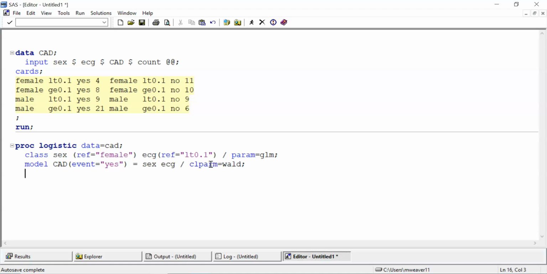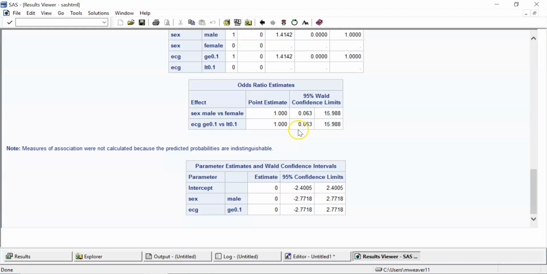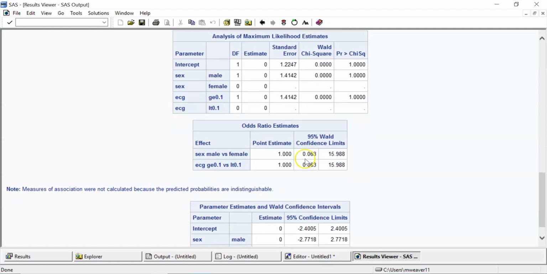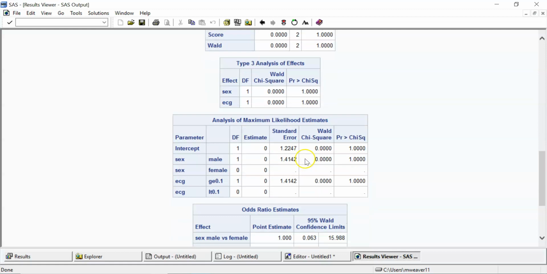We had talked about that before, so I'll just go ahead and ask for that. So if I run this, I get lots of output. What we're going to focus on first are my parameter estimates. So let me go back to the notes because all of this output is actually in the notes.